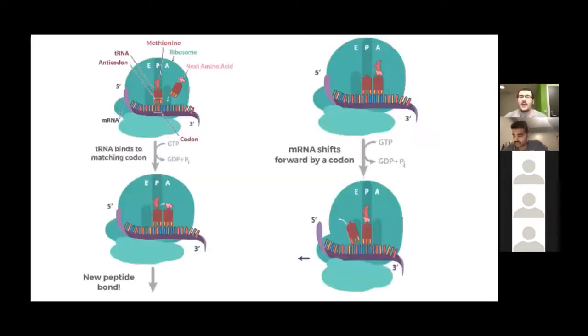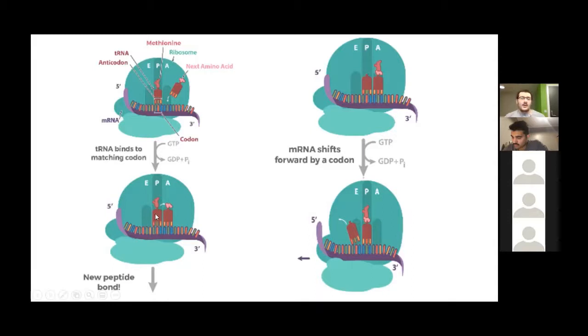As you can see in this picture, you have the amino acid coming here. You have a recognition here. It recognizes this three nucleotide sequence with its anticodon right here.